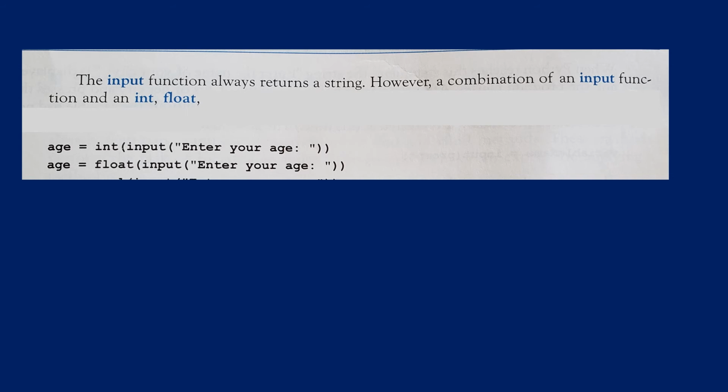In another textbook, I have seen that we can combine rather than break it up into two parts. This is how you can do it all at once. If you know ahead of time that you want the integer of the input, this is how you can nest one method inside another one.